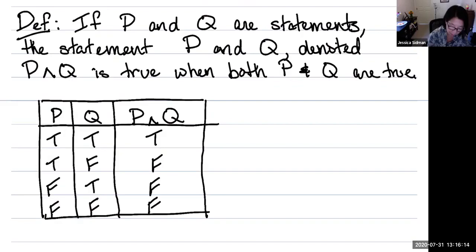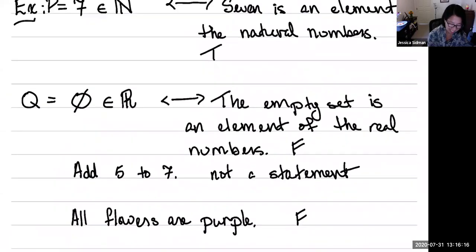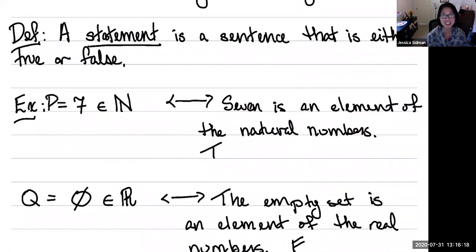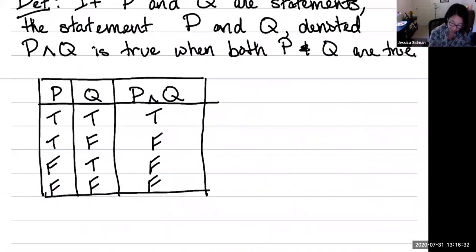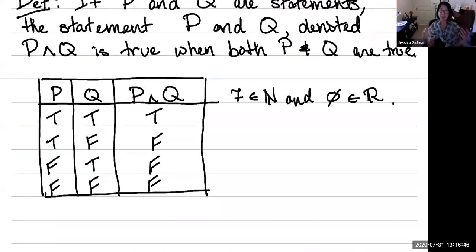So for example, if we go back to those concrete examples, P is 7 is a natural number and Q is the empty set is an element of the real numbers. So we could make a new statement: 7 is an element of the natural numbers and the empty set is an element of the real numbers. That's a new statement.